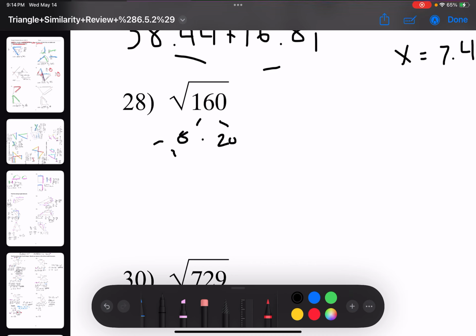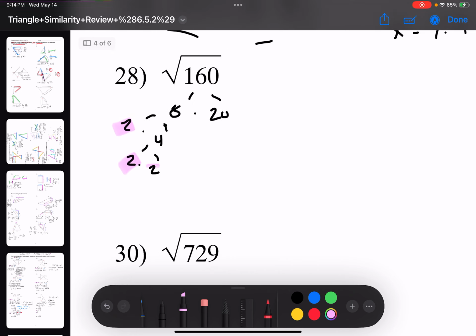We can do 2 times 4 to get to 8. Boom, 1 prime number. 2 times 4, my fault, guys. But 4 is also not prime, so we can do 2 times 2 to get to 4. Boom, we're done with our 8.